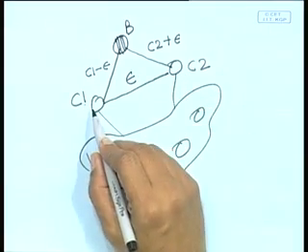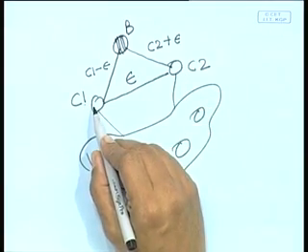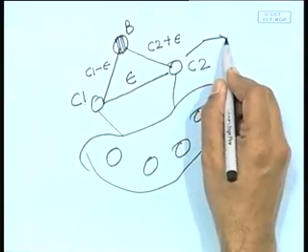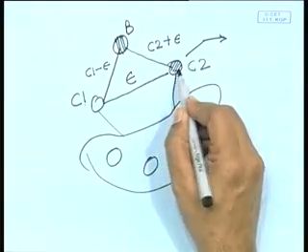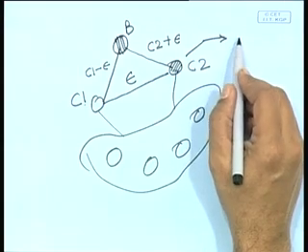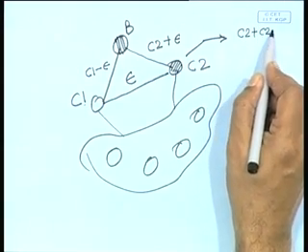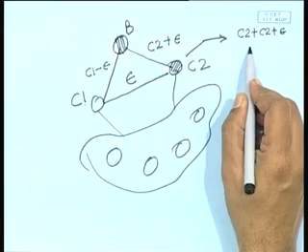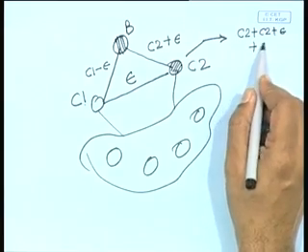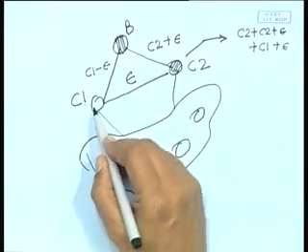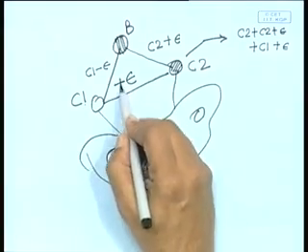The sum calculated by this clock C2 will be C2 plus epsilon plus C1, let us say plus epsilon, it sends a plus epsilon here, they differ by plus epsilon.